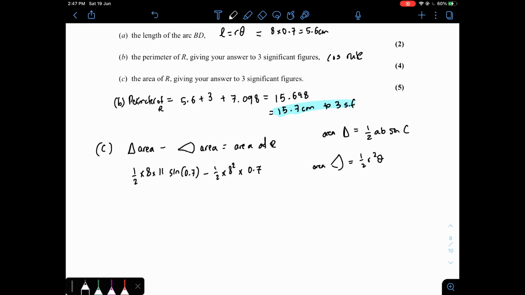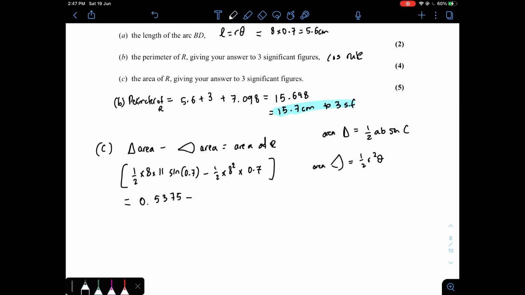Now all we have to do is put this in the calculator. This one will be 0.5 times 8 times 11 times sine 0.7. Take away the area of the sector; you obviously put all of this in the calculator, but write down the working out.